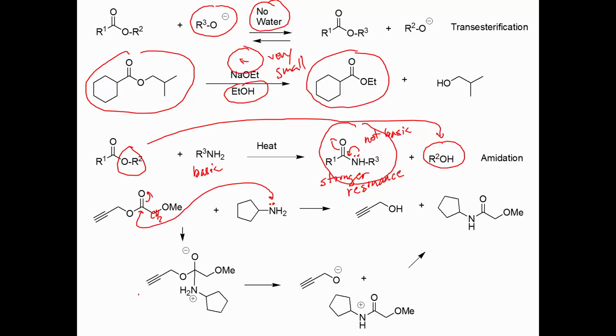We're going to make our tetrahedral intermediate. This is going to fall apart like so and give us this. For some reason, this extra hydrogen didn't come through here. Sorry about that, but what's going to happen here is that a self-neutralization is going to occur, and this is going to go this way.